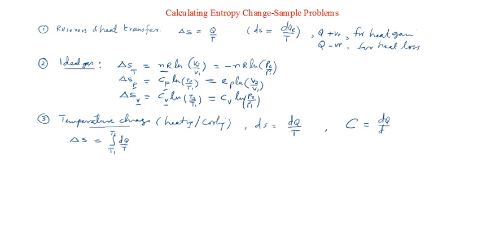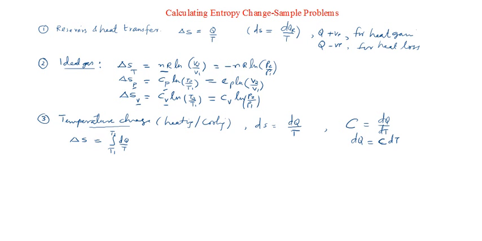Therefore you can write dq is equal to, we have used this equation in problems when we discussed mixing of liquids in the previous module, dq is equal to simply C into dT. Capital C is the heat capacity. But usually what will be given is the specific heat capacity, small c.